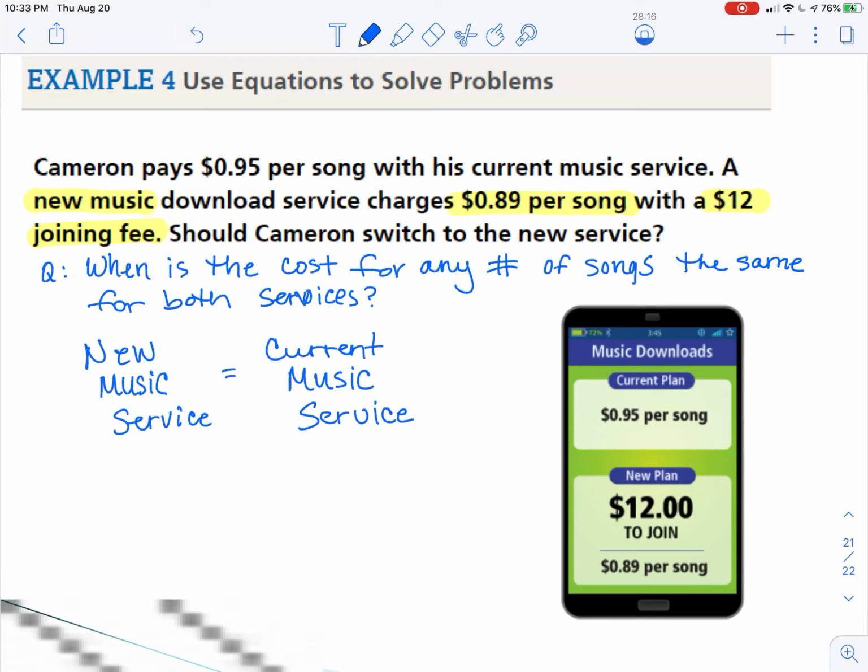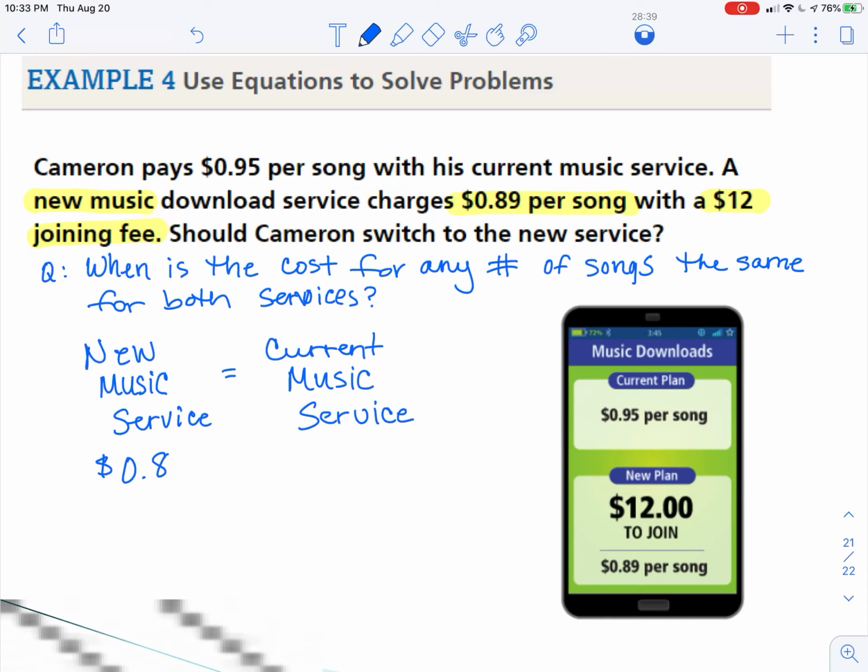So how would I write that? 89 cents per song. So the variable is going to be set equal to per song. In the book, they actually use S as the variable. And if you remember, I said I don't like to use S because it can look like a 5. But I am going to go ahead and do it that way because we will see it occasionally.